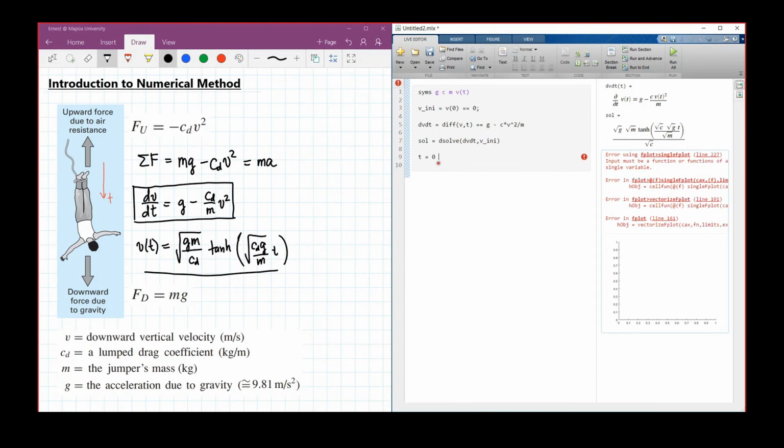So let's say we solve this by setting first our time axis. So let's say this is from 0 to 12 with intervals of, let's say, 0.1, time axis.